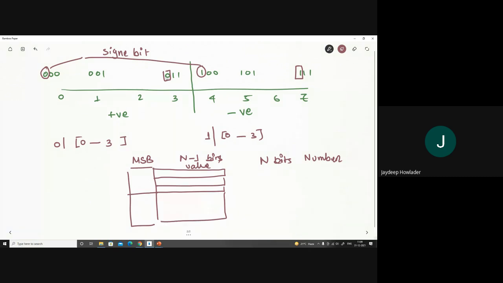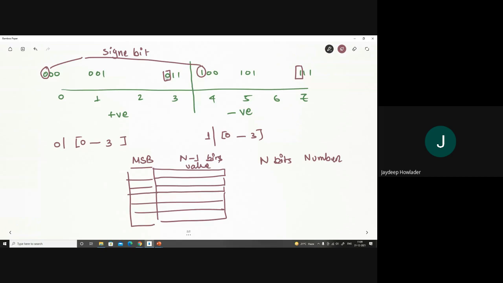So this is one of the representations, which indicates that I can divide the whole range into two equal halves, one half representing the positive and the other half the negative. How do we do this?